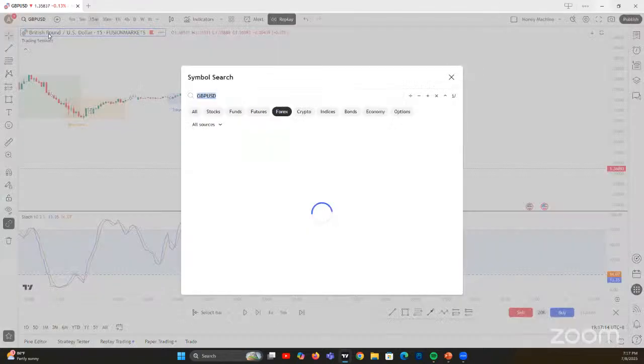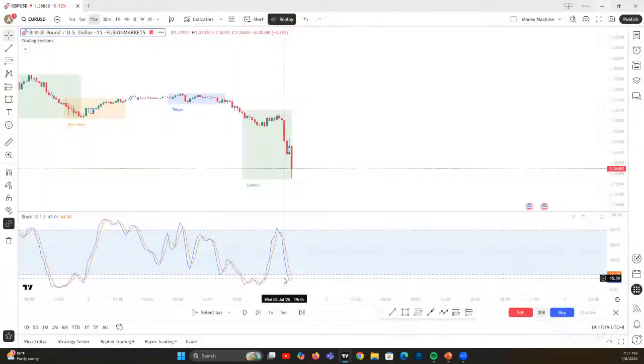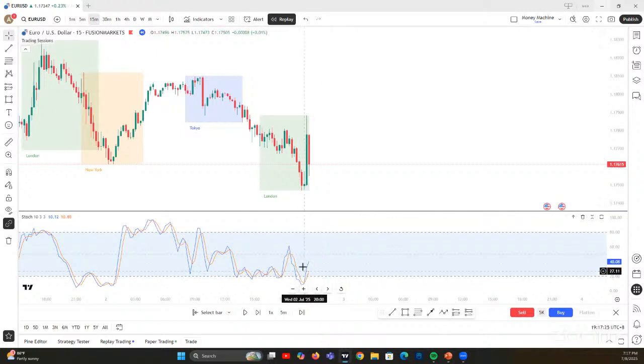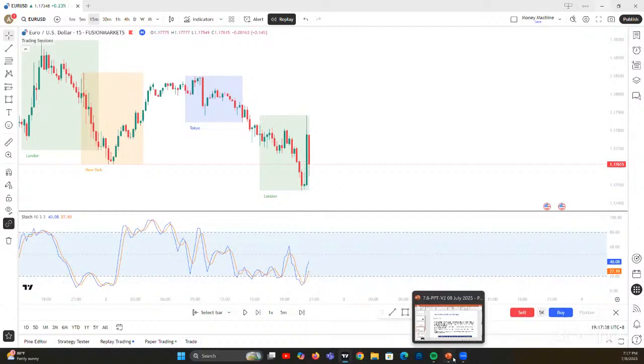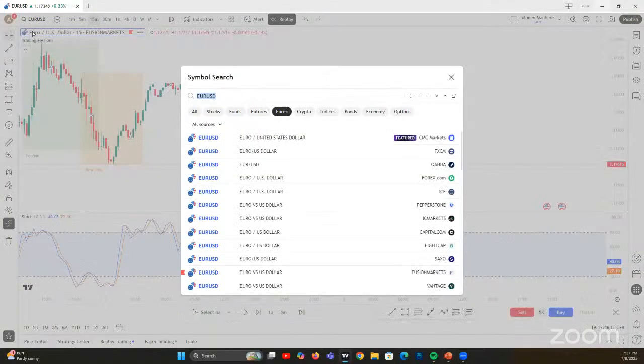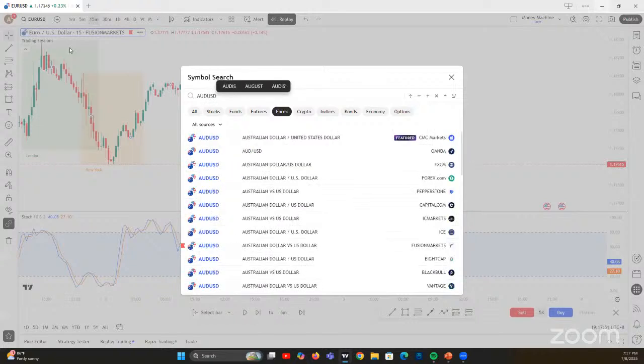So let's try to search Euro USD. At this point in time, it's also down there. Euro USD, the stochastic is oversold. What are the other team A's? AUD USD.